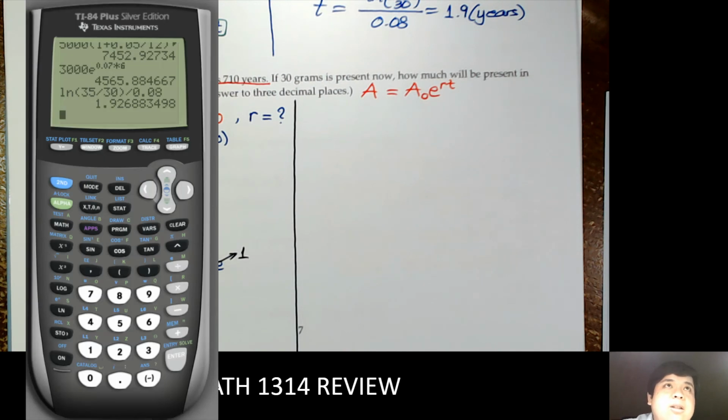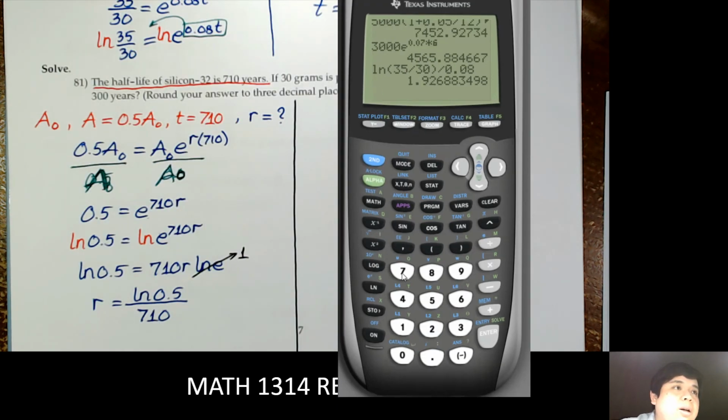Calculator. ln of 0.5 divided by 710. So that is a very small number.